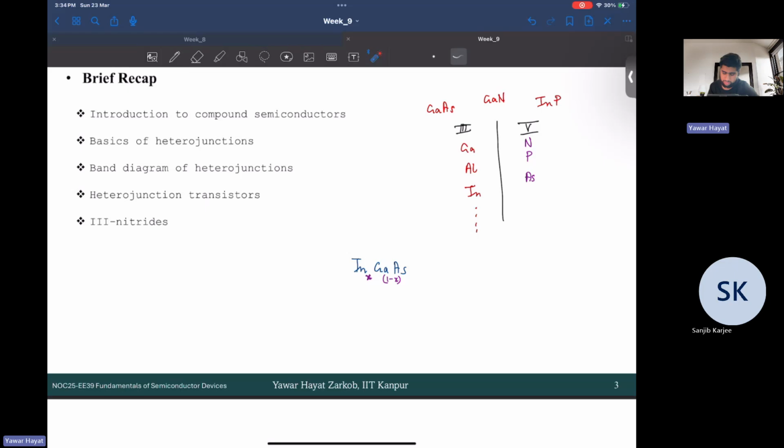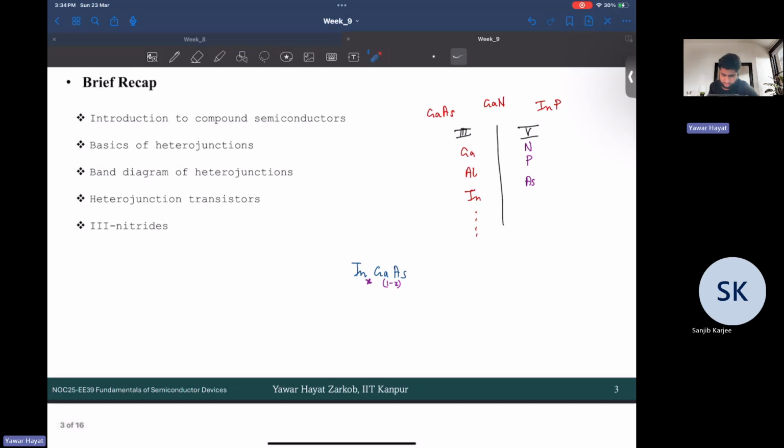And we can take not only the whole numbers 0 and 1, but also fractions. x can be a fraction as well, 0.1, 0.2, 0.3, 0.4, all the way till 1.